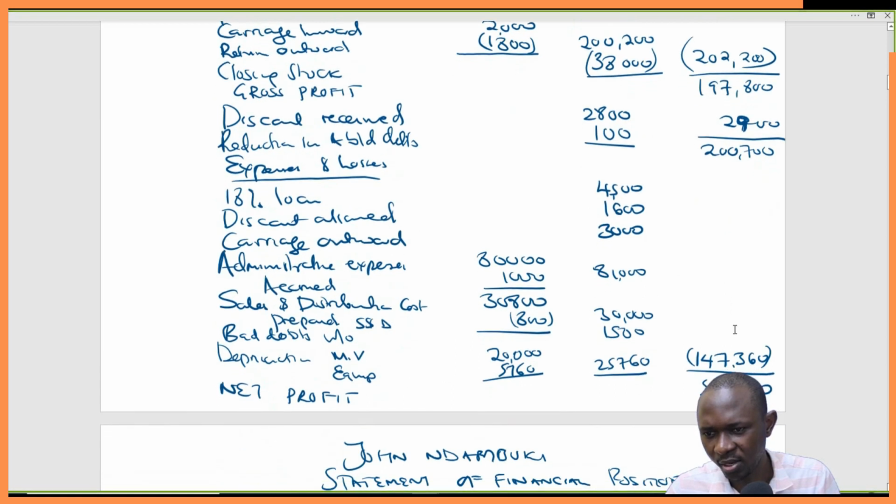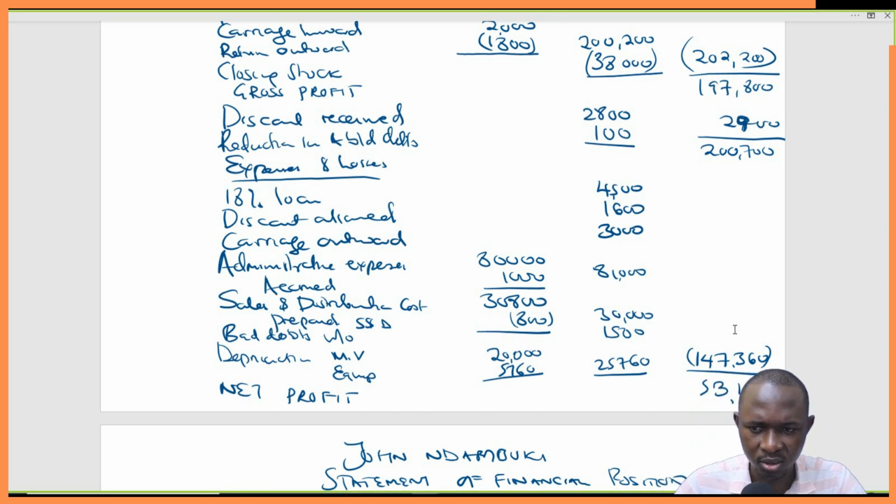Then 700 minus 360 gives us 340. So this is where the problem was.